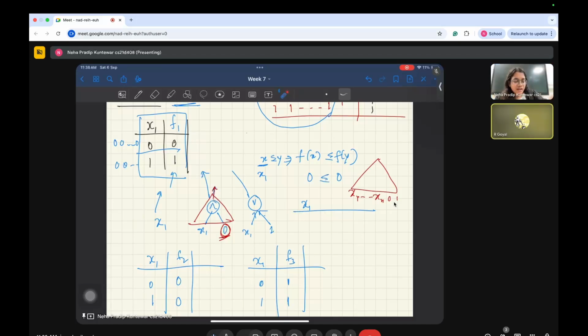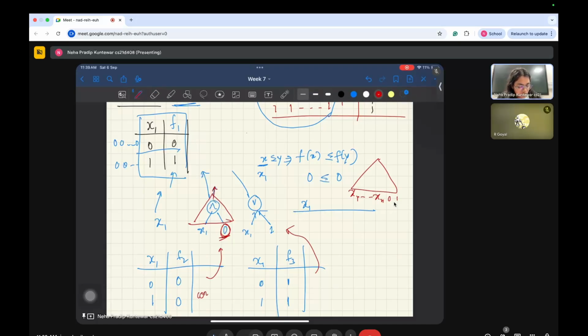Actually this AND gate is kind of redundant. What you could do is just take this output wire of 0 and give it as an output. That is also fine. And for this F3, irrespective of whether it's 0 or 1, I can always take an OR with 1.